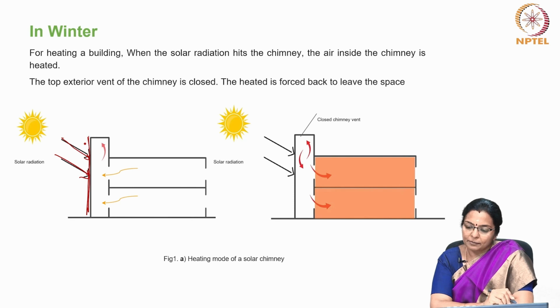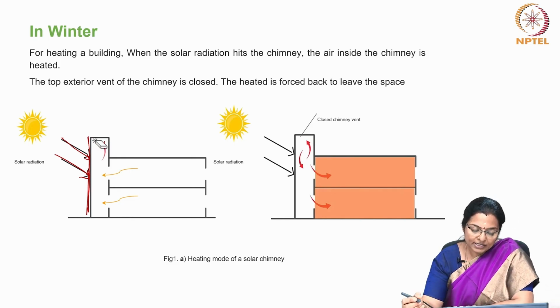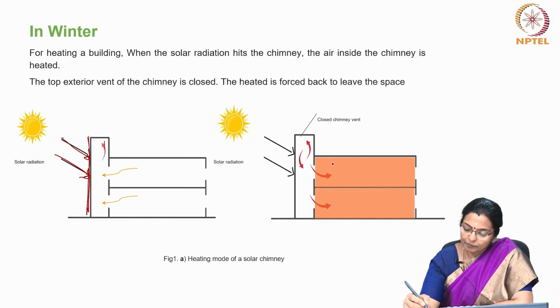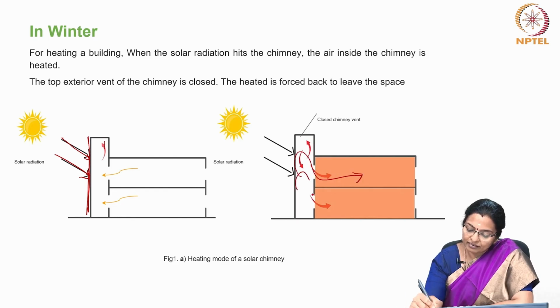And what happens? The heated air is forced back into the space. So, the vent is not kept open, but closed. Once the vent gets closed, the air is forced to enter the room.